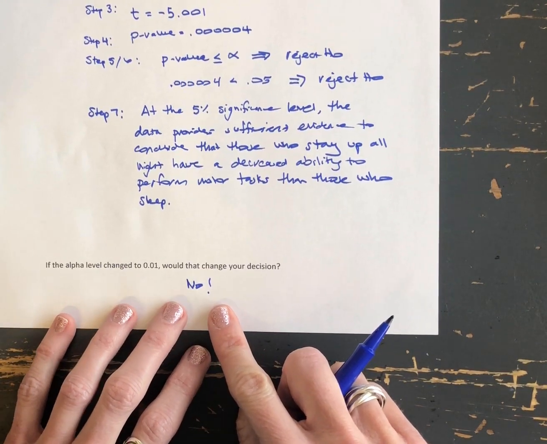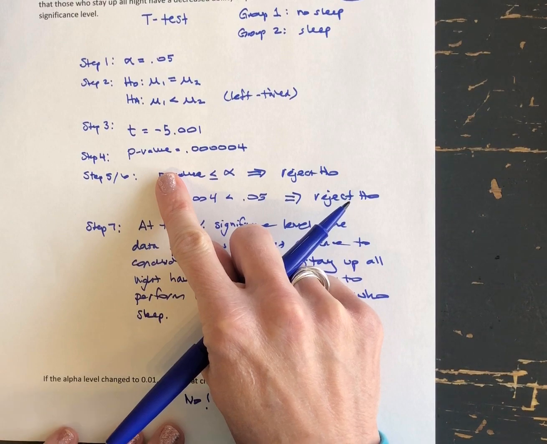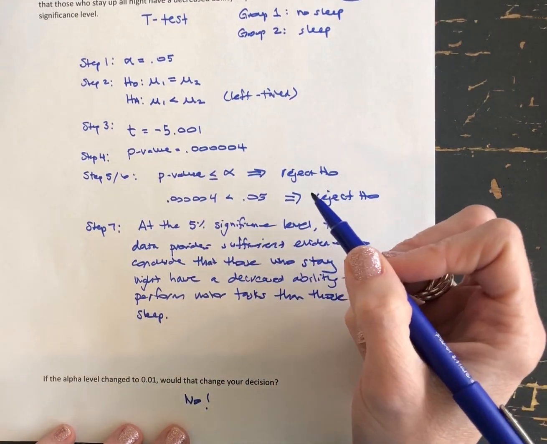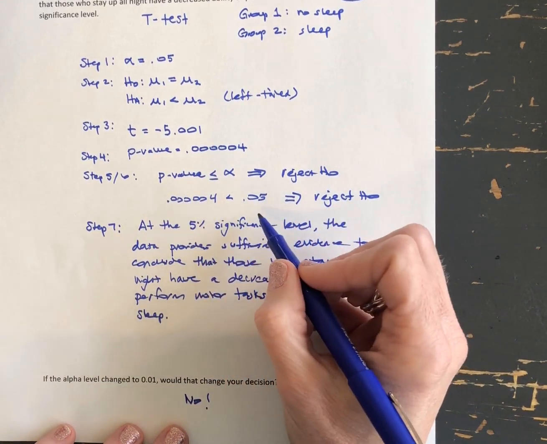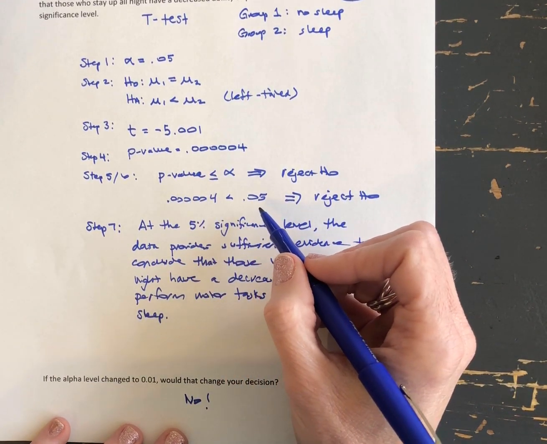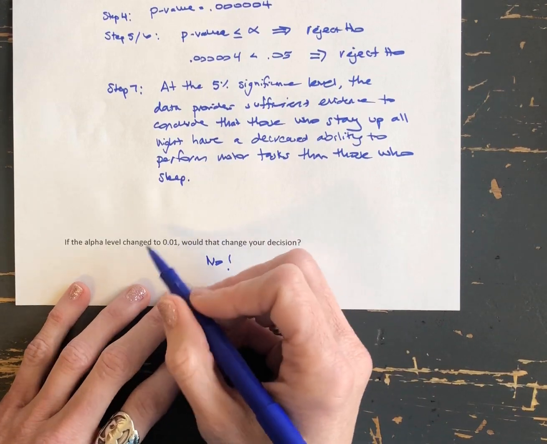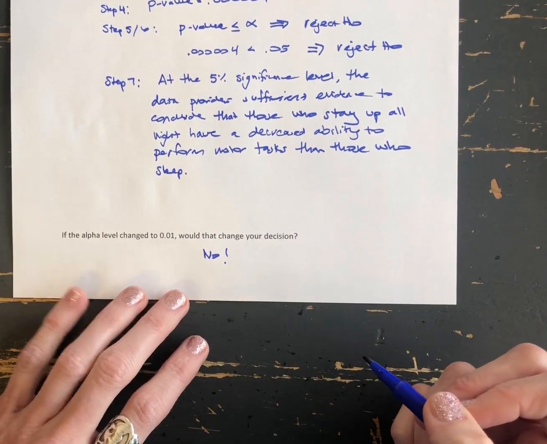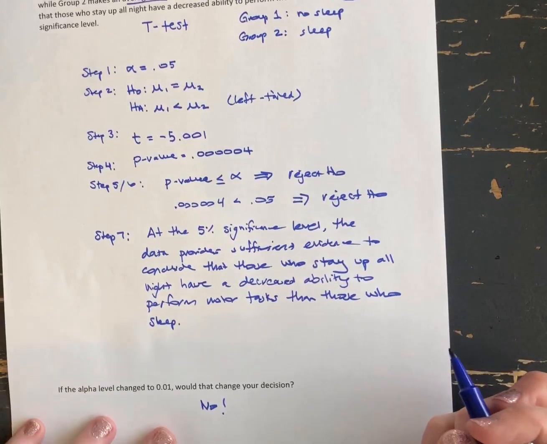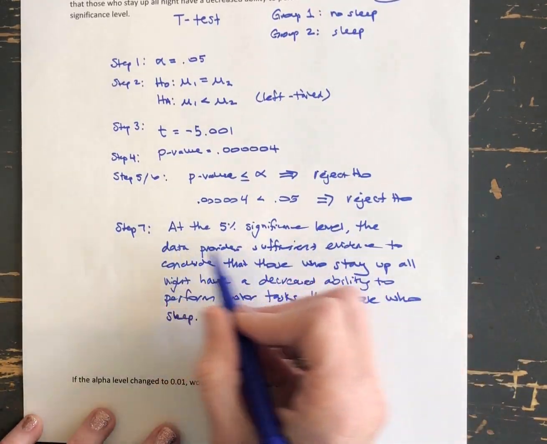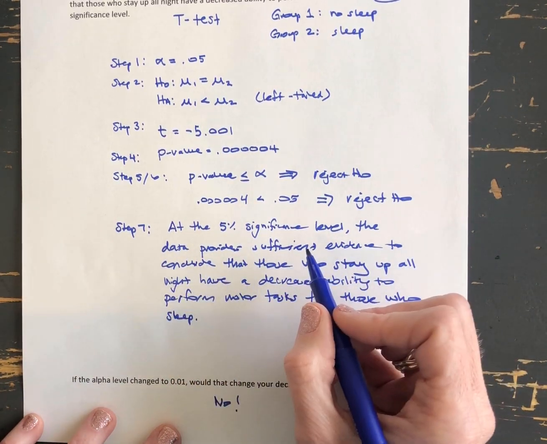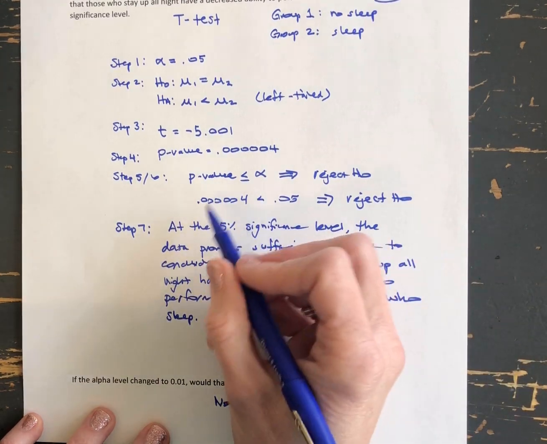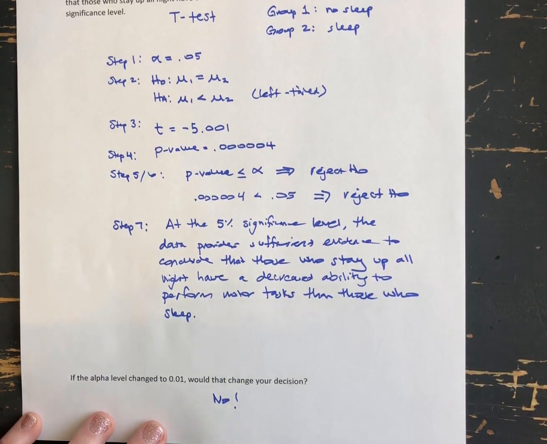If our p-value had been 0.03, we would have rejected at the 5% significance level, but we would not have rejected at the 1% significance level. I wanted to mention that because that is why we always state in our interpretation the significance level of the test, so we know at what level we rejected it. And most studies are also going to report the p-value so that you can make that decision on your own.